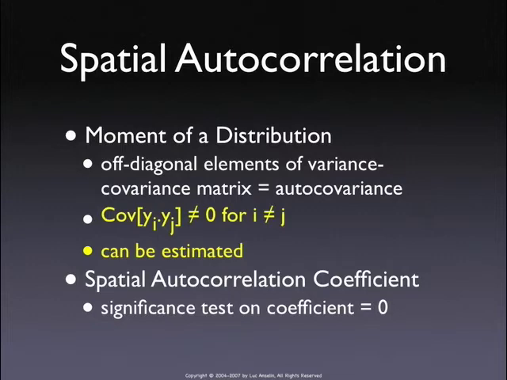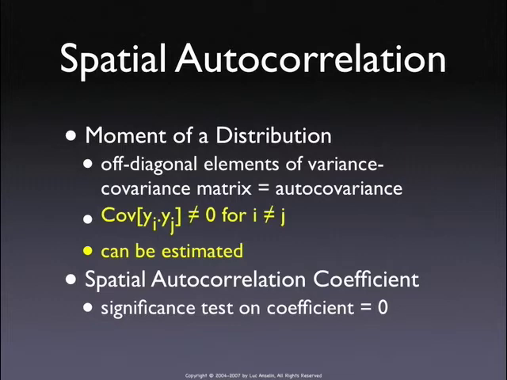Where does it become autocorrelation? It becomes auto when the variable that you're looking at is the same in all locations. So instead of correlating, say, crime and income, we are correlating crime and crime. But it's crime in one neighborhood with crime in another neighborhood, for example. That's the auto part.